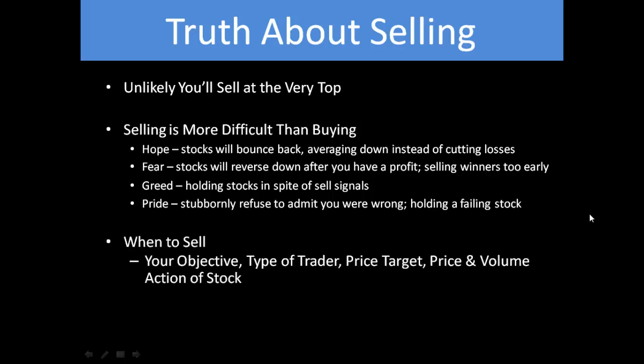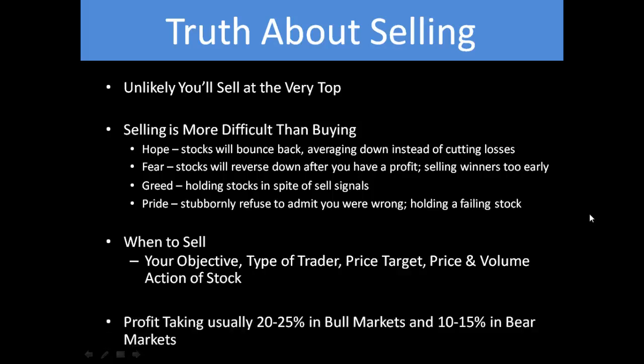When to sell? You've got to factor in your objective, the type of trader you are, your price target, the price and volume action of the stock. Is the stock acting strong or is it acting weak? Is it starting to consolidate into another base? What's going on in the general market? But we usually want to take 20 to 25% in a bull market and 10 to 15% in a bear market.